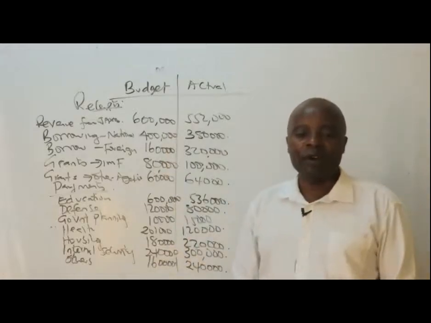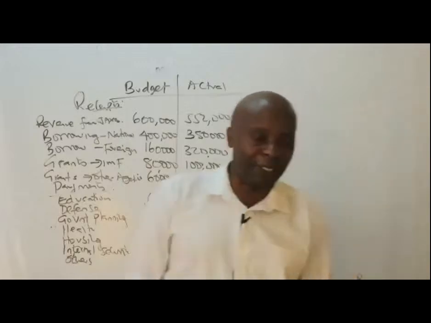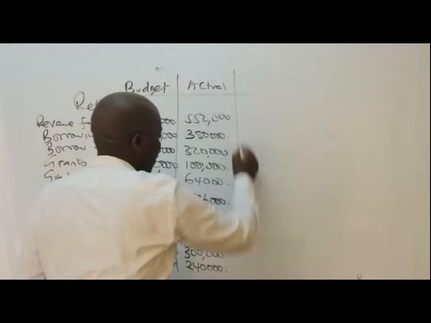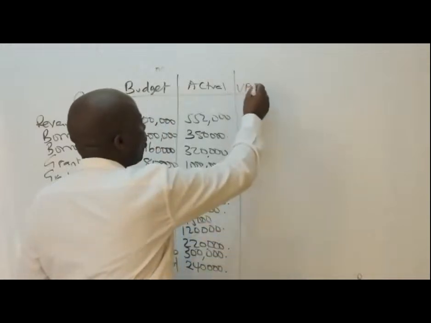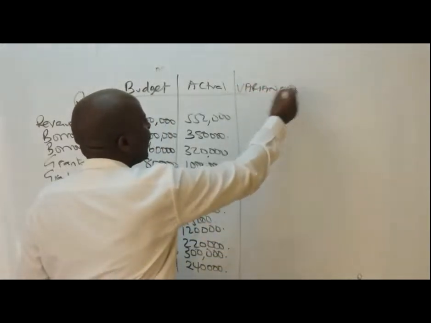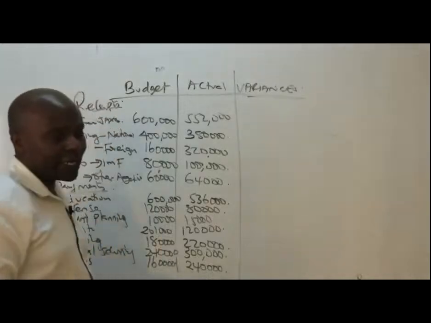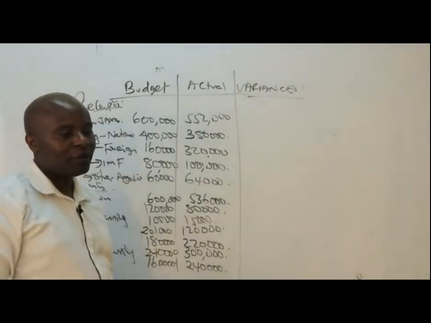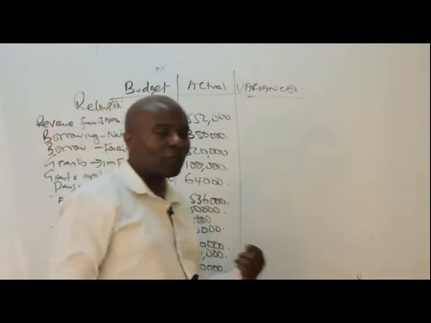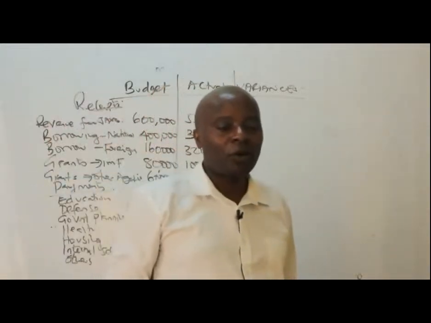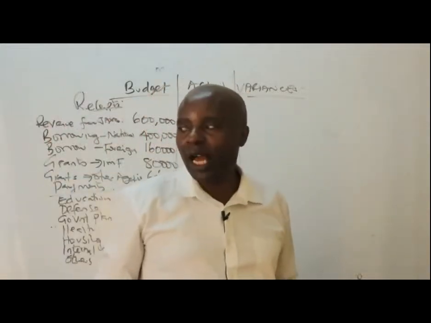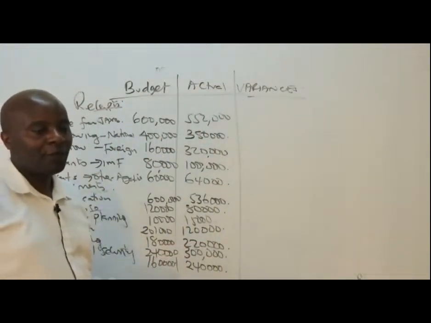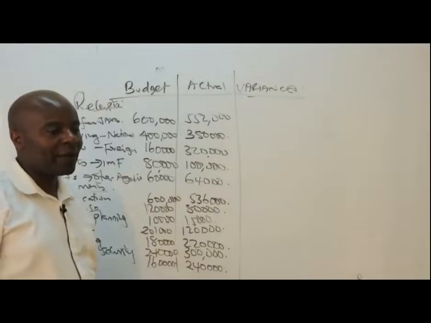Now remember the 2024 budget presentation, what they tell us is to create a column of variances and they basically tell us whether those variances are adverse or favorable. Adverse variances are those that eat into our performance, that reduce our performance. Favorable ones increase our net worth.